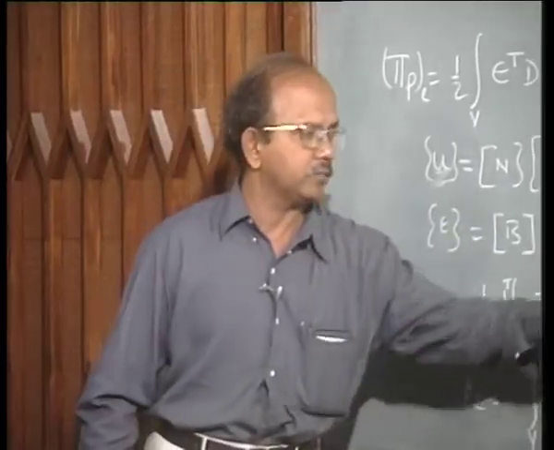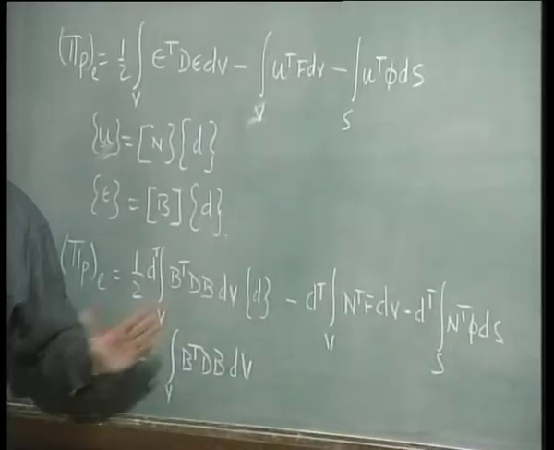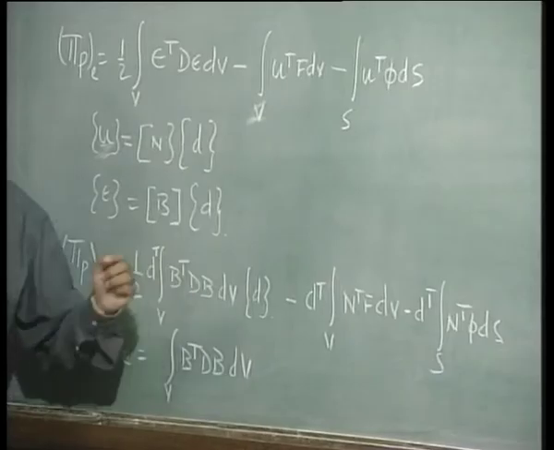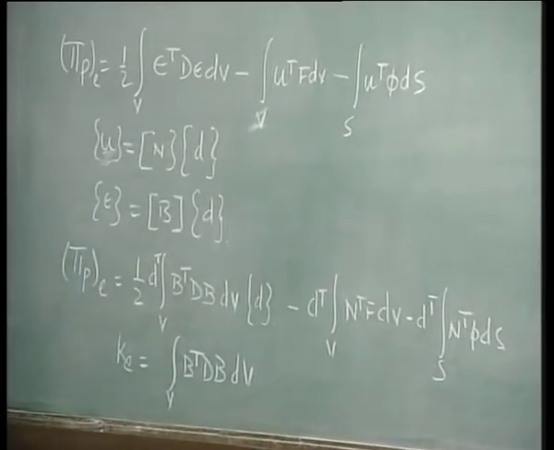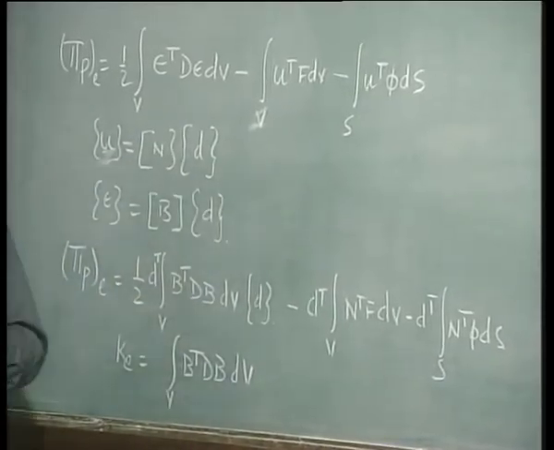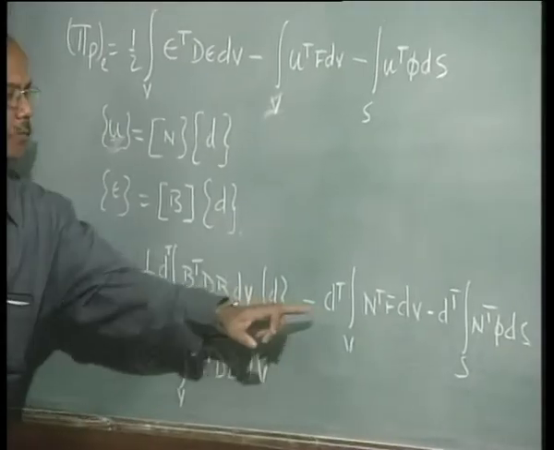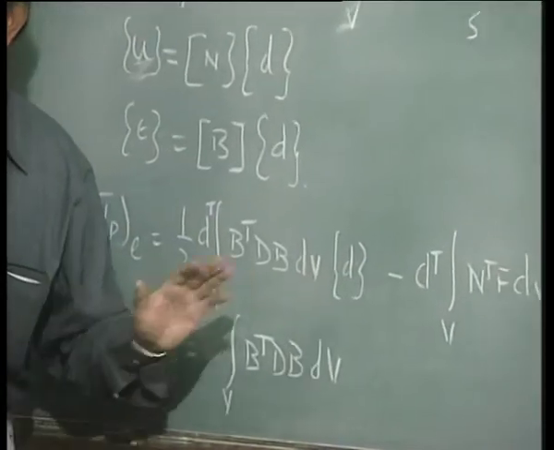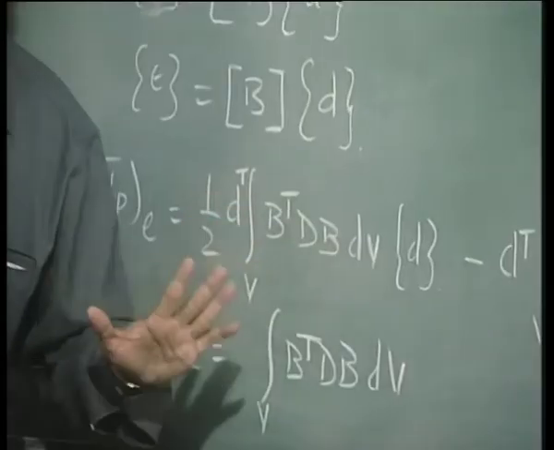Now look at this equation. What I have essentially done is substitute the previous u, epsilon and so on into this expression. Is that clear? Have a look at it.